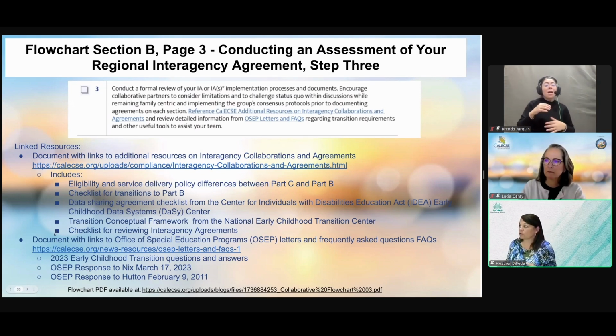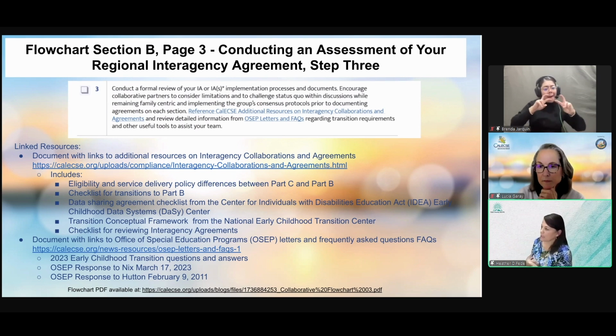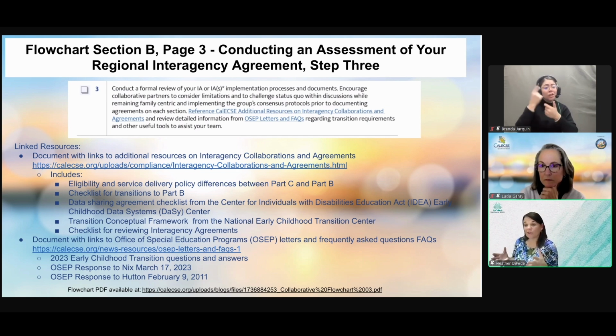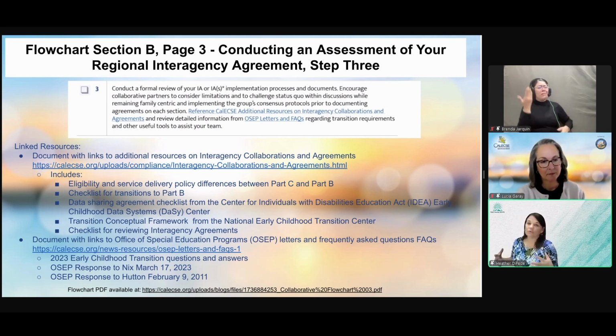Then on the next step on the flow chart on page 3, you're going to conduct that formal review and look through all these processes and documents to help you understand the process and make sure you understand that collaboration. For us, we had a big shift. We changed the format, so we had to agree on the format. We had to agree on who was going to be on this committee. We had to agree on who was going to take charge.